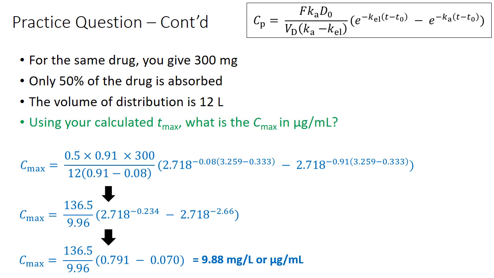If I say I want milligrams per milliliter instead of micrograms per milliliter, we already have milligrams, so you'd have to take this and divide it by 1,000. That's probably not useful because the number would be so low to plot on a graph. But I just want you to be prepared to potentially have to convert units.